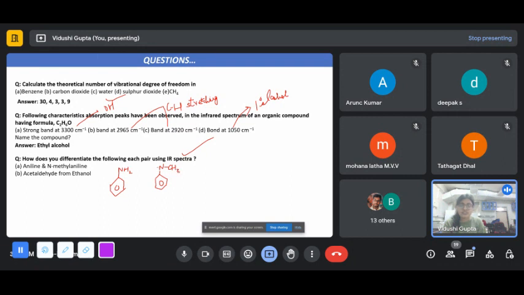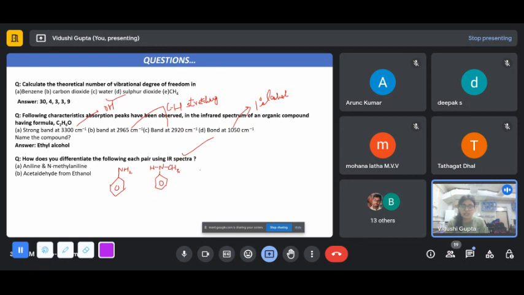So how will you differentiate based on the IR? You have to differentiate aniline and N-methyl aniline.